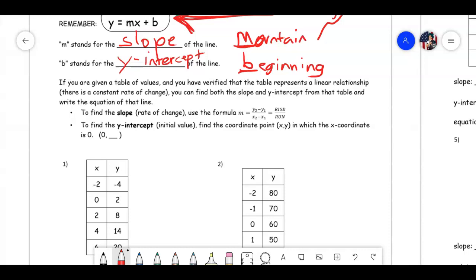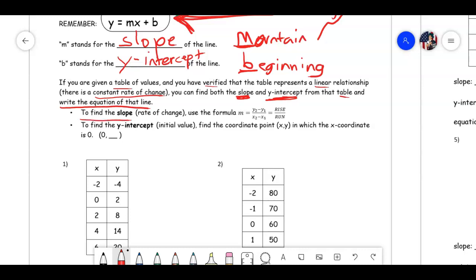But let's read this. If you were given a table and you have verified that it's linear, the way we did last week with the bird beaks, meaning there's a constant rate of change, you can find both the slope and the y-intercept from the table and write the equation of that line. So there are two steps to do this. Step one, find the slope.